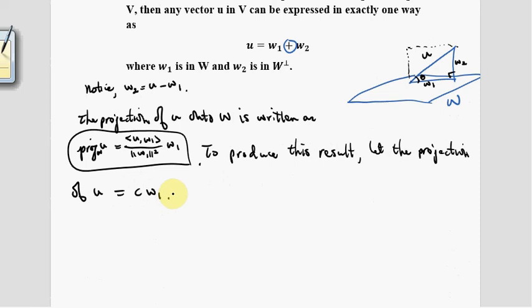So what we're saying here is this. W sub 1 is just that. C times W sub 1 becomes the entire length.